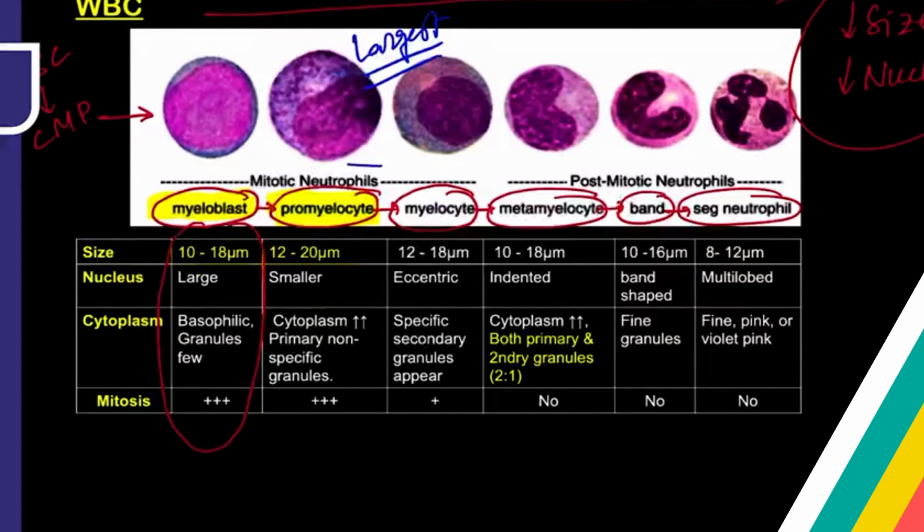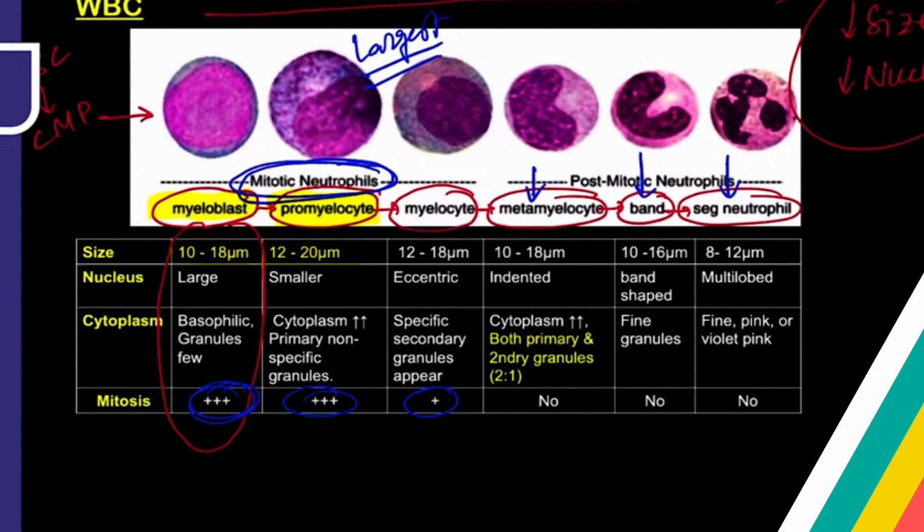Then the first three cells, that is the myeloblast, promyelocyte and myelocyte, they are mitotically active. They can divide. So mitosis is positive here, here, here. But mitosis is not seen in the metamyelocyte or band form or in case of mature neutrophil, right?